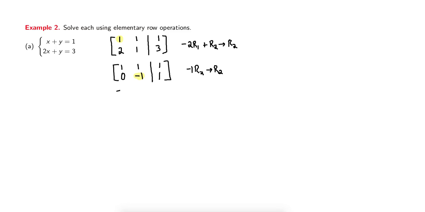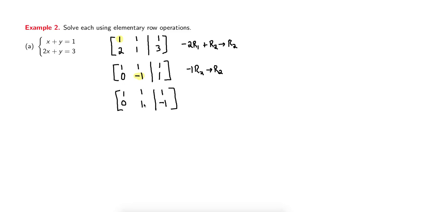So when we do that, row number 2 is the one that's going to change. Negative 1 times 0 is 0. Negative 1 times negative 1 is 1. And 1 times negative 1 is negative 1. So we got this number equal to 1. Now we need to get this value here equal to 0.